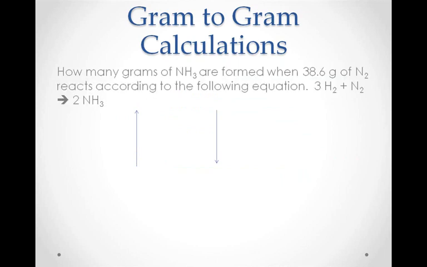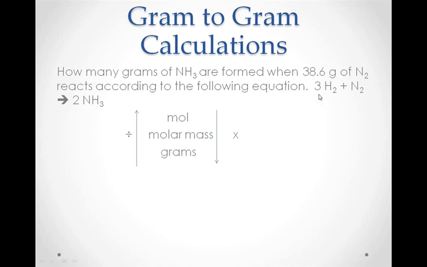Now, here's our problem. Our problem says, how many grams of NH3 are formed when 38.6 grams of N2 reacts according to the following equation? And of course, the first thing we're going to do is use this diagram that we've used so many other times to convert the number of grams of N2 to moles of N2.